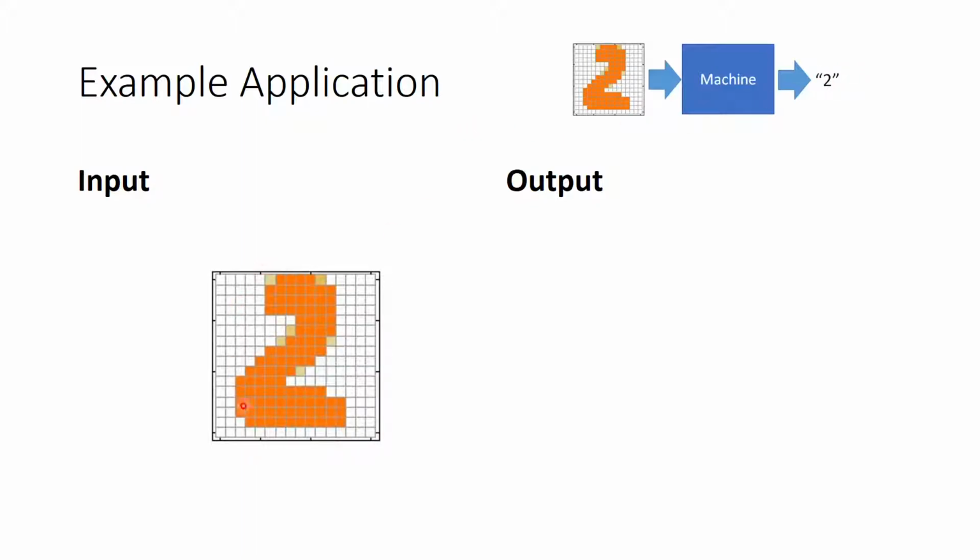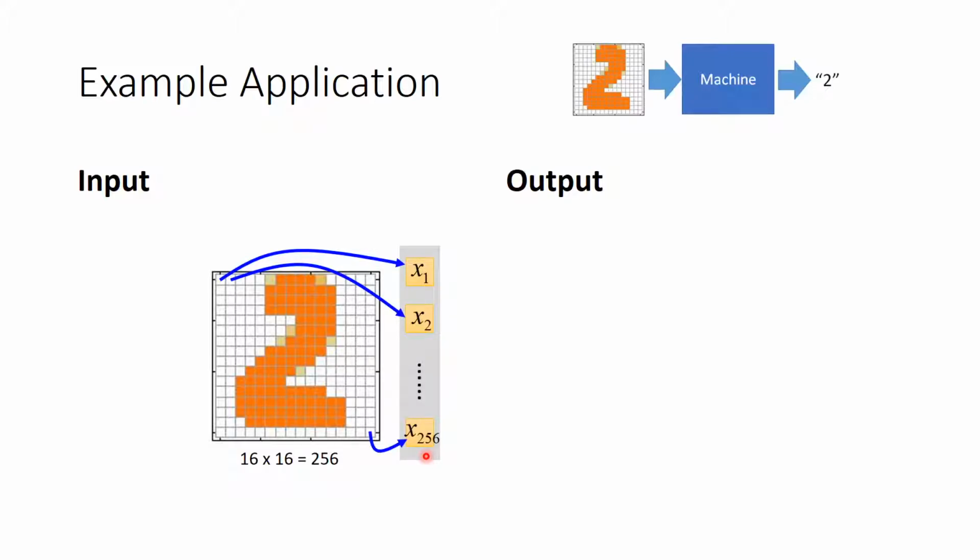Okay, this is the input image, and we suppose it is 16 by 16 pixels. We can take the pixels from left top to right bottom and turn them into a lot of inputs, like X1, X2 to X256.